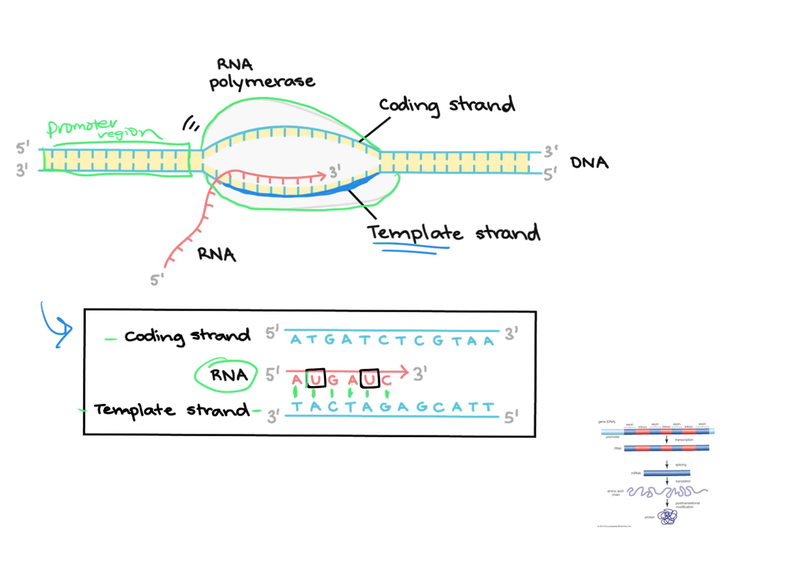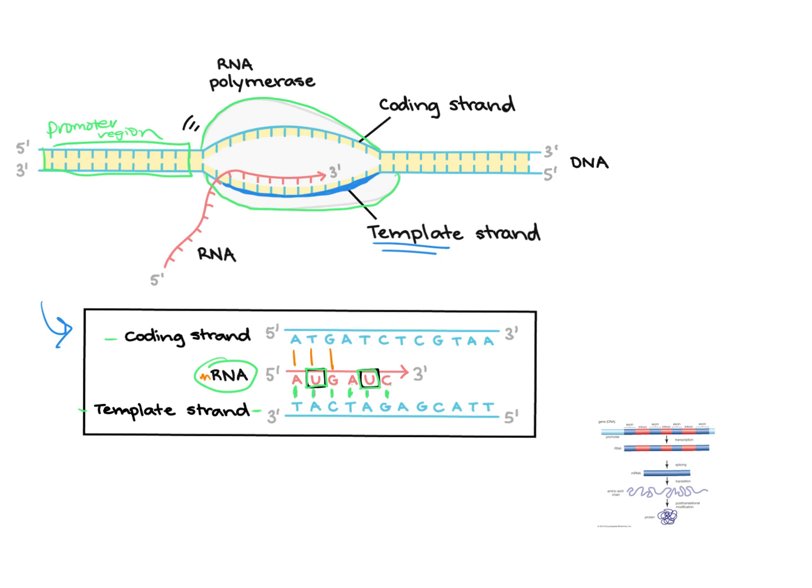And don't forget, we're using U because these are RNA bases, not DNA. Now, something to notice about the coding strand: it's the other side of the DNA that's not really being used. The mRNA that's created and the coding strand are essentially the same. The only difference is it has RNA bases instead of DNA bases.